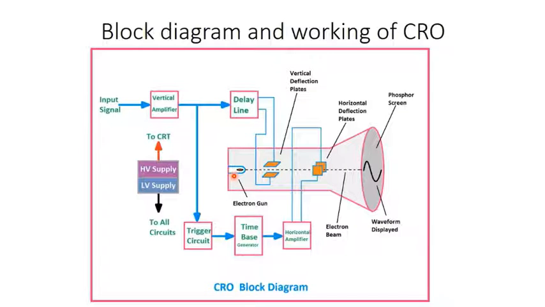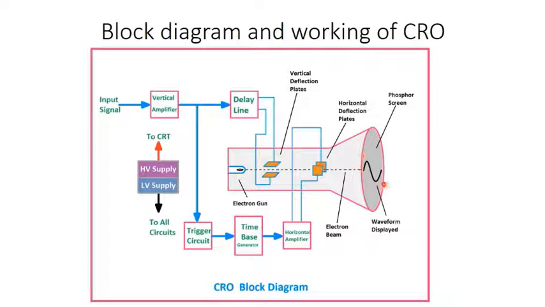This is your electron gun, which is connected with your CRT, which will start up the electron from this point, and that electron will be passed through the vertical deflection plate and horizontal deflection plate, which will get the waveform, which is a sine or triangular, whatever the input signal which you are giving. So that will be displayed on this screen.